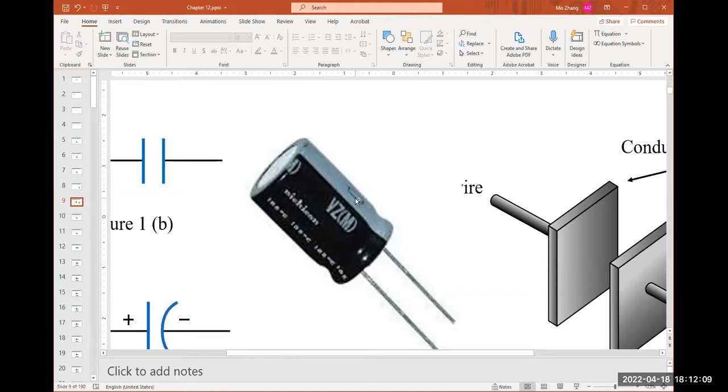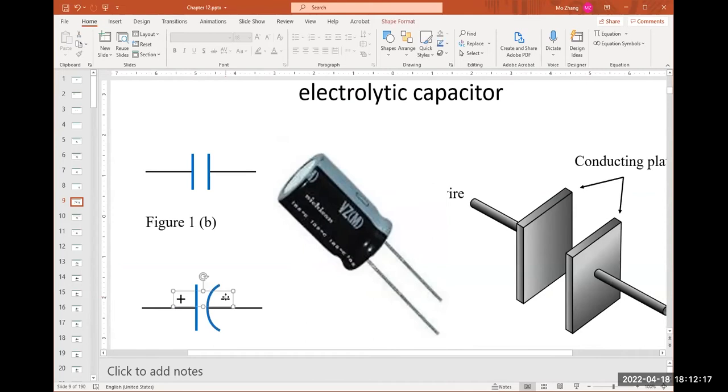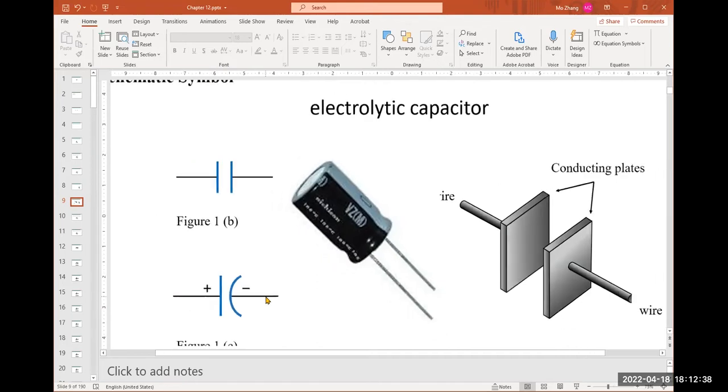This bar is the negative sign, which means the leg connected to this side is the negative leg. The other side, most of the time the longer leg, connects to the higher, positive voltage. The short leg connects to the negative or lower voltage in the circuit. The side with the curve connects to the negative voltage.